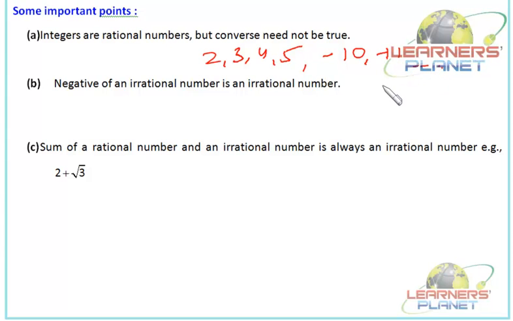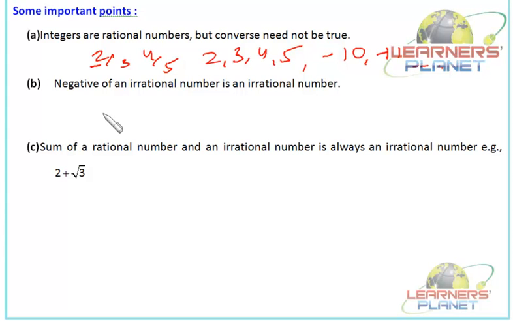All of these are integers and these are rational numbers also. But we have a good amount of rational numbers which are not integers. Say 2 by 3, 4 by 5, or maybe negative 2 by 3. All of these are rational numbers, but these are not integers. So all the integers are rational numbers, but the vice versa is not true.